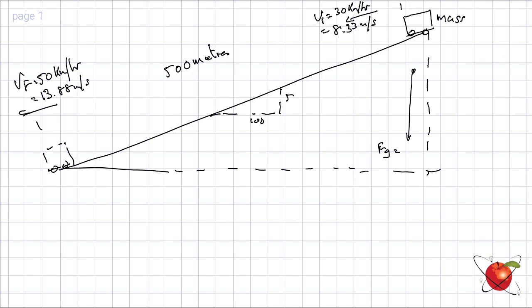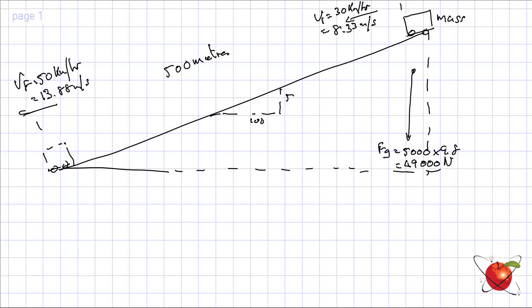We don't work in tons. We work in kilograms, meters, and seconds. So that's going to be 5,000 kilograms times 9.8, and that gives us 49,000 newtons vertically down.